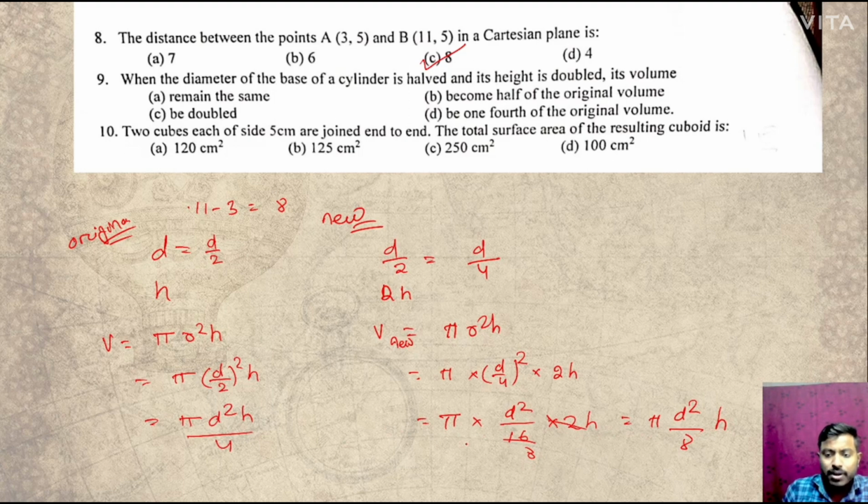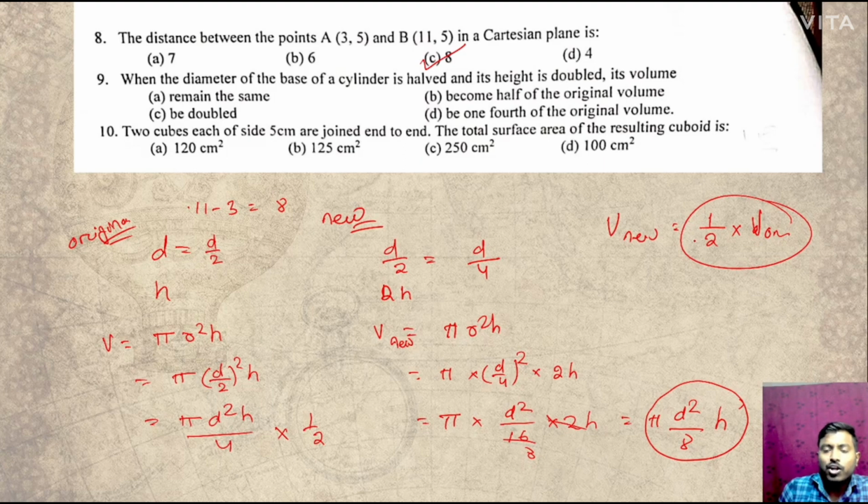Means when we multiply into 1 by 2, then it becomes the new volume. Then it becomes half of the original volume. Means the new volume is equal to 1 by 2 into original volume. Yes or no? So volume becomes half. So correct answer is option number B.